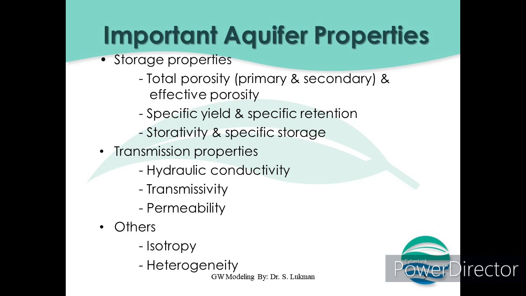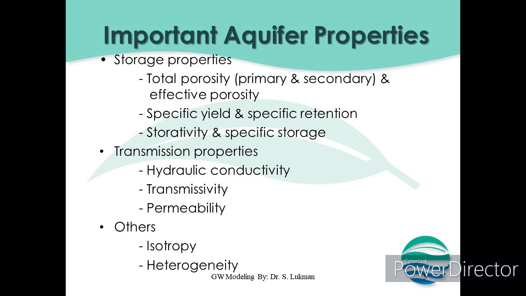And the important aquifer properties that we have are generally classified into 3. Generally, we have storage properties, we have transmission properties, and we have others. We'll take each one of these and explain. Under the storage properties, we have the porosity, total porosity. If you remember, we started talking about porosity, primary and secondary, and effective porosity.